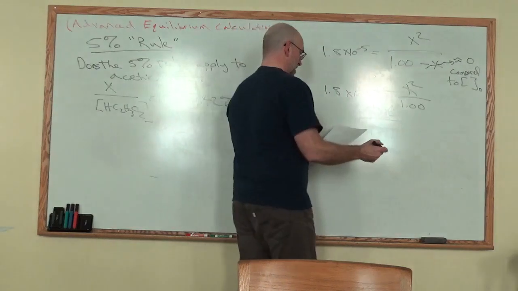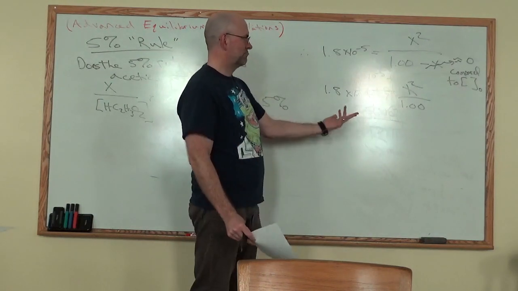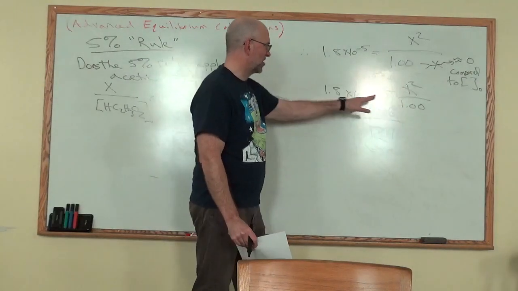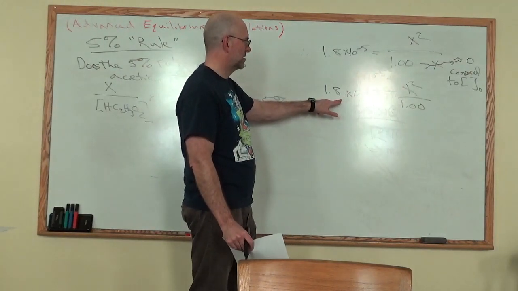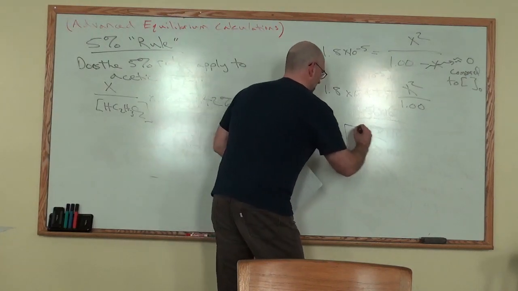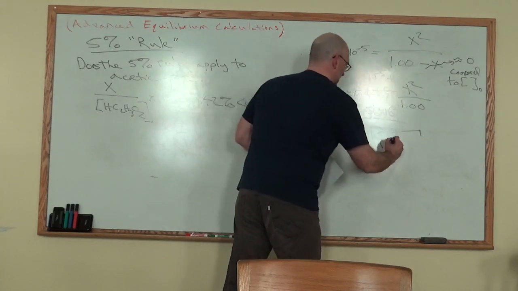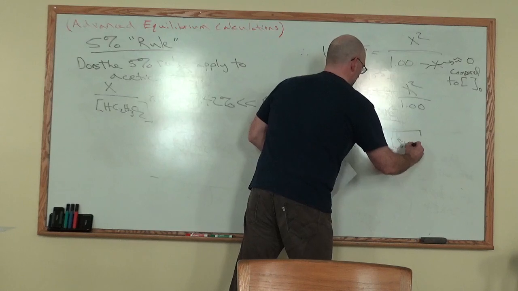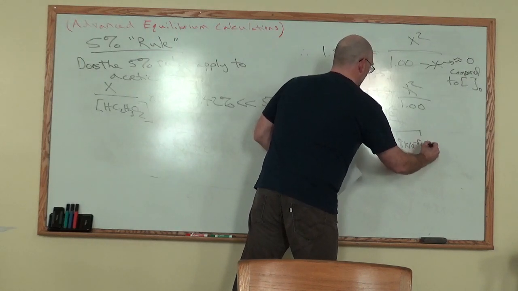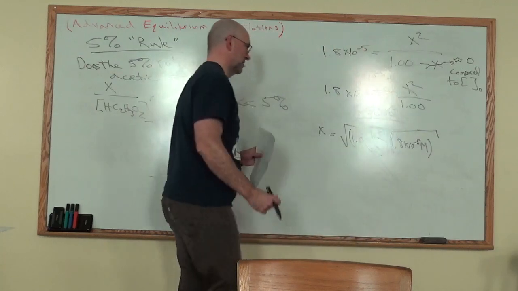Well, guess what? You can solve for x. That's pretty easy, isn't it? You just bring this concentration over here. I'm going to put units here to make the point.